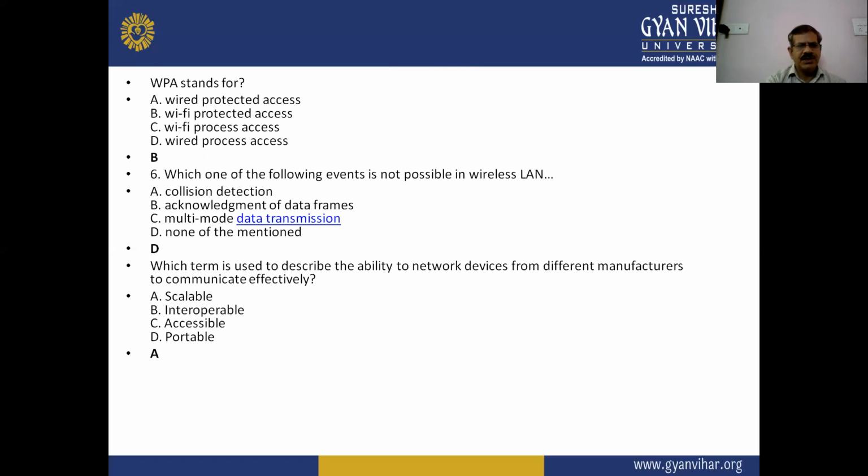Next question: which term is used to describe the ability of network devices from different manufacturers to communicate effectively? Option A, scalable; B, interoperable; C, accessible; D, portable.